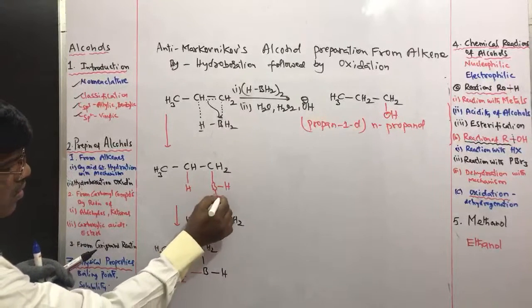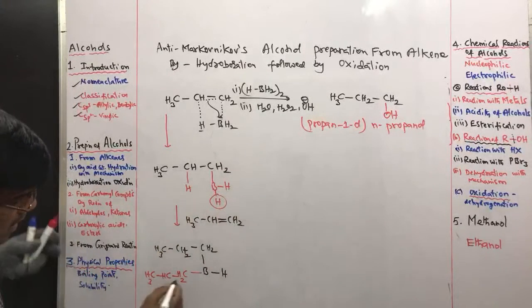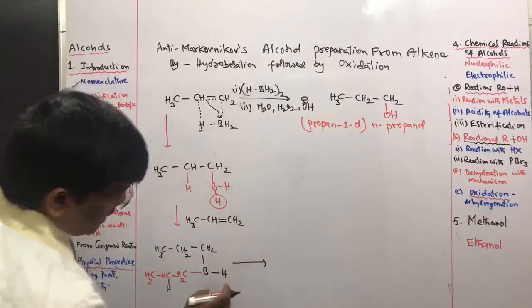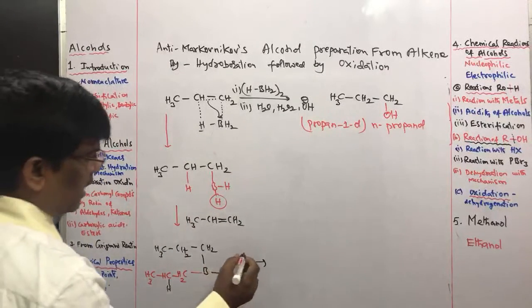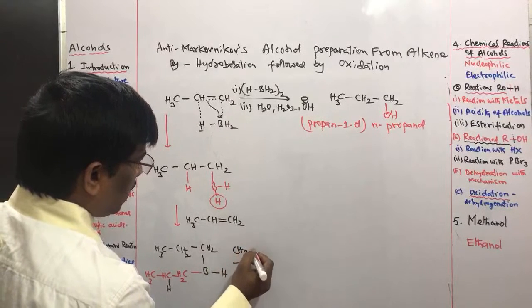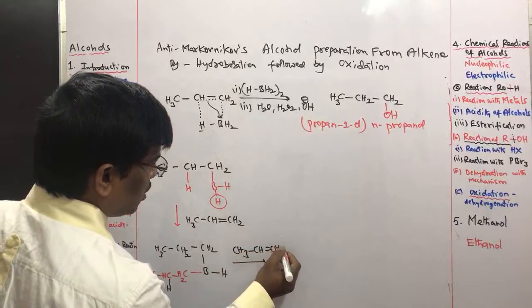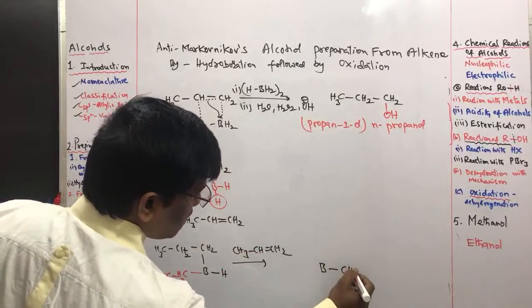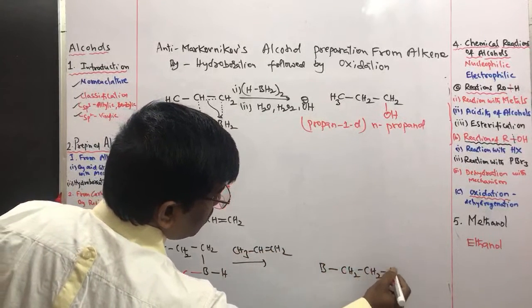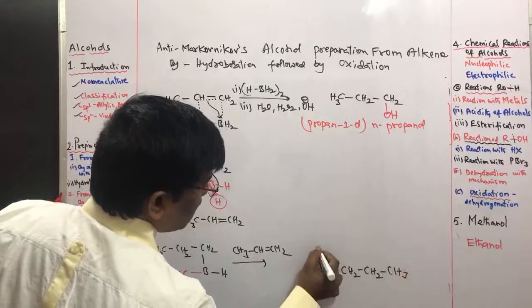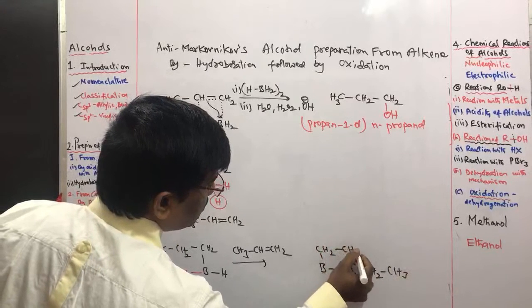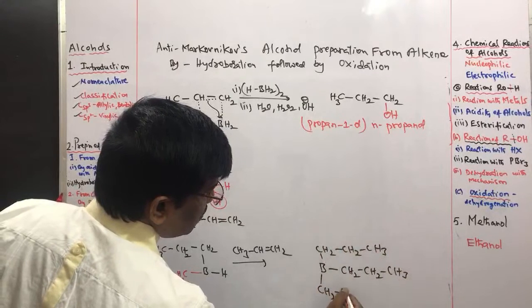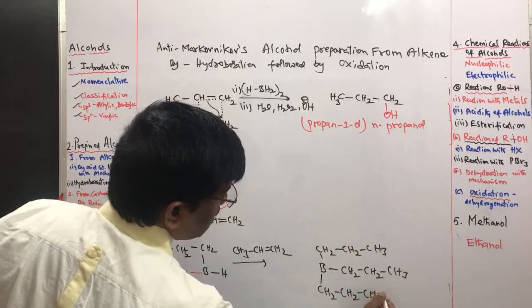So this hydrogen is coming here, students. Yes. So since it has another hydrogen here, it adds to another mole of alkene to give boron with CH2, CH2, CH3 and CH2, CH2, CH3 and CH2, CH2, CH3.